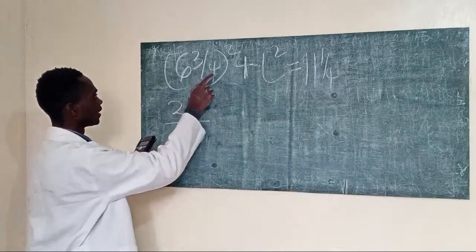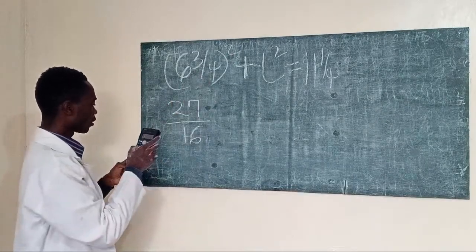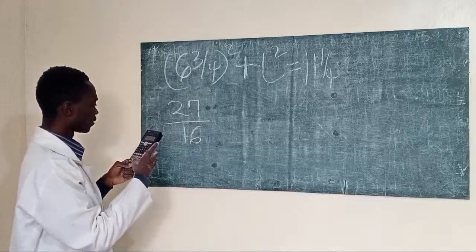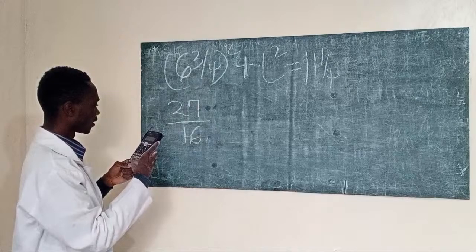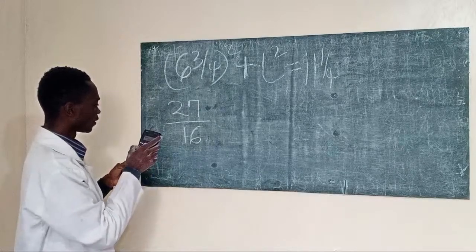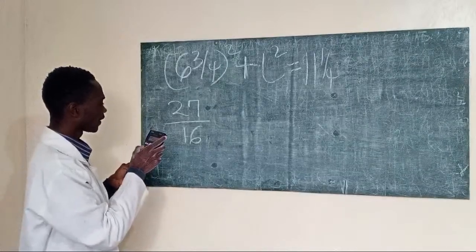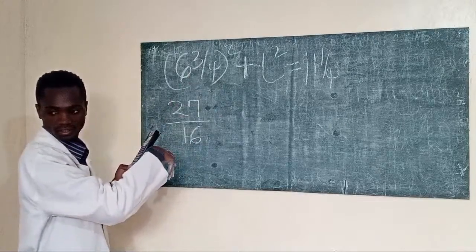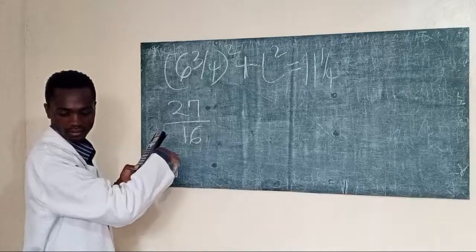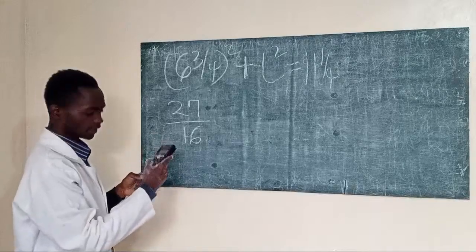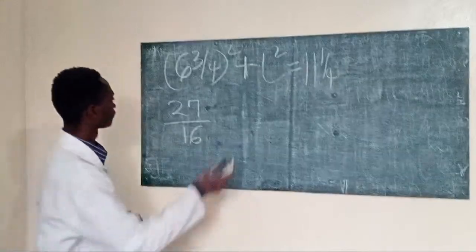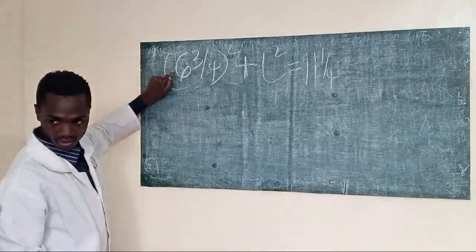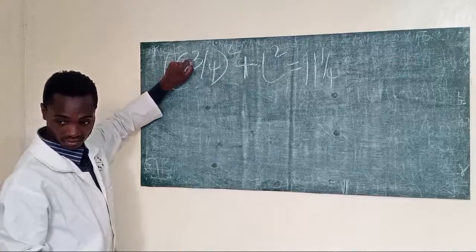6 whole 3 over 4, squared. Let us do together. 6 times 4? 24 plus 3? 27.